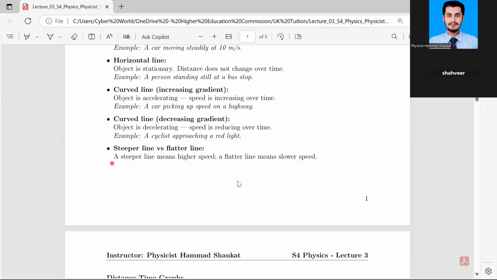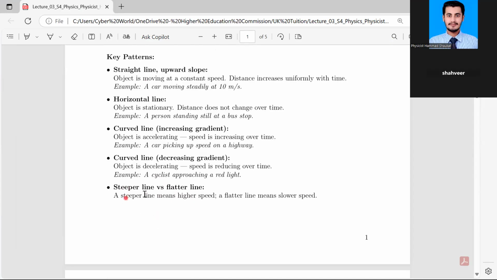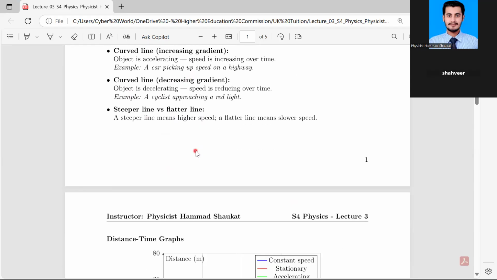Steeper lines and flat lines indicate a body moving with high speed or low speed. As I already mentioned, if your line is steeper, it means the body is moving with high speed, and if your line is just flat, you can say your body is moving with slower speed. So we already discussed these points. Now let's discuss these points graphically.